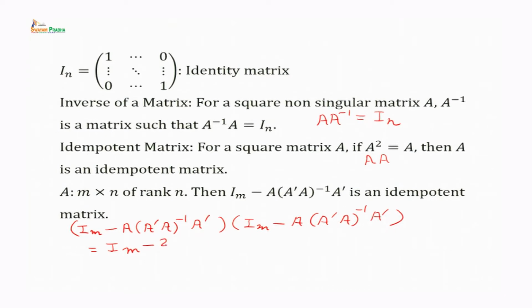So, you get minus 2 times A (A transpose A) inverse A transpose, then plus A (A transpose A) inverse A transpose, then you have this matrix A (A transpose A) inverse A transpose.